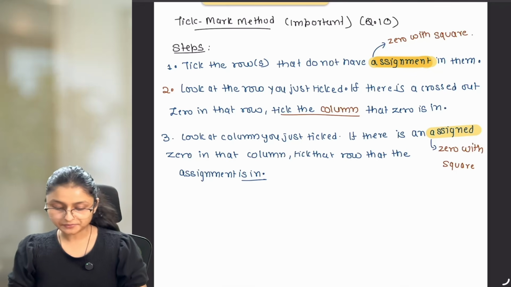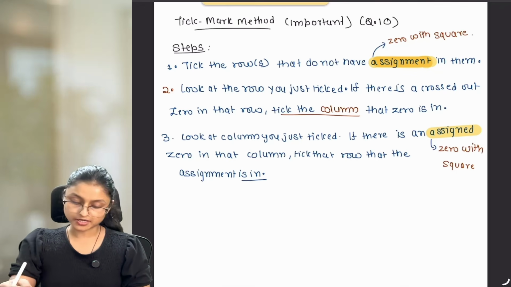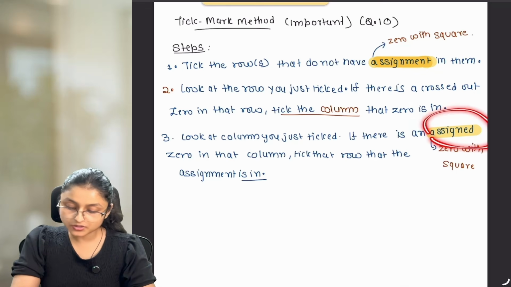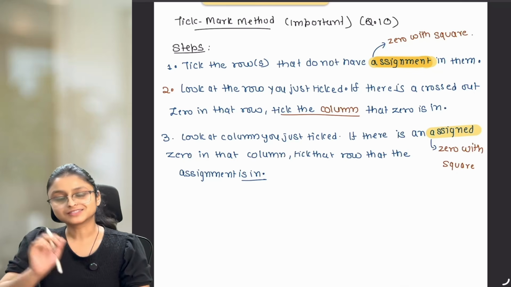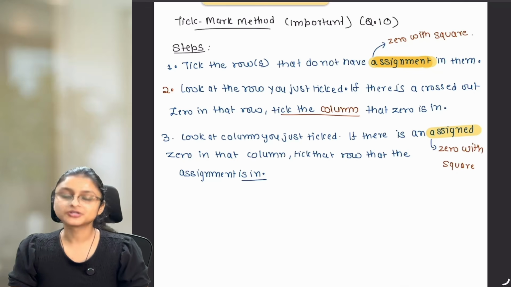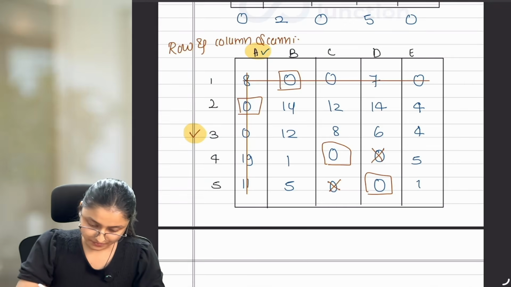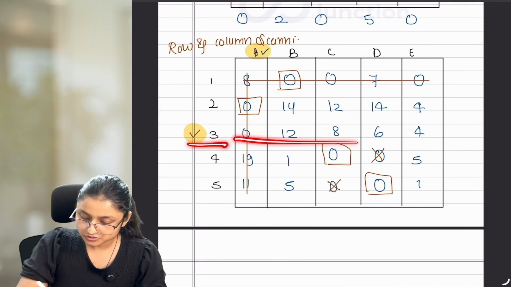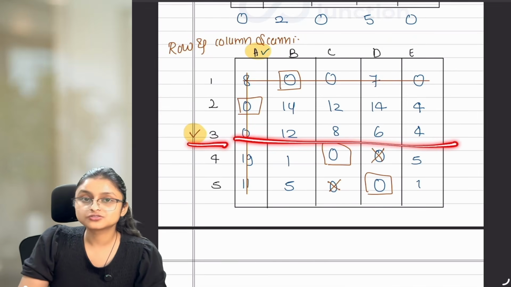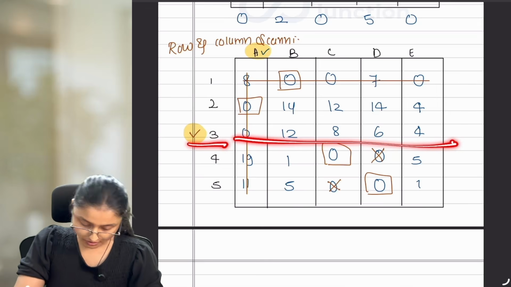So what is happening here? Look at the column you just ticked. If there is an assigned 0 in that particular column, find out the row in which that assigned 0 is and tick that particular row. So let's do this. We first tick the row in which there is no assignment or 0 with square.